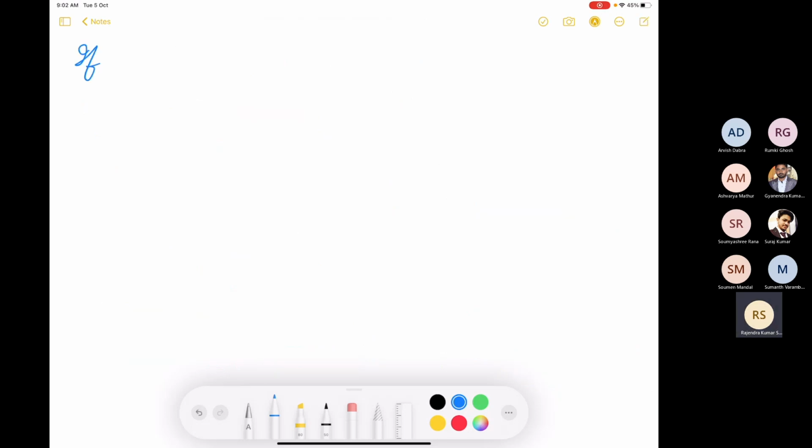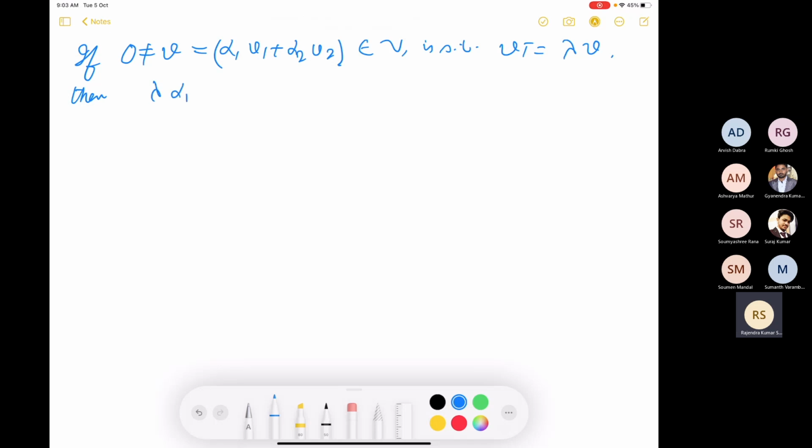So if non-zero v here is, let us take, alpha 1 v1 plus alpha 2 v2 in V such that vT is equal to lambda v, then you get that lambda alpha 1 v1 plus lambda alpha 2 v2 is equal to 5 alpha 1 v1 plus (6 alpha 1 minus 7 alpha 2) v2.